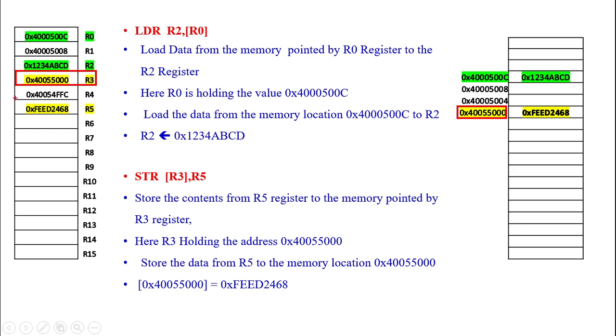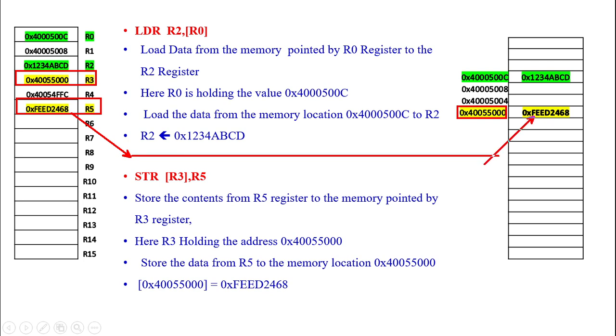R5 content is FEED2468. So the content will be moved like this. This is how the data will be moved.